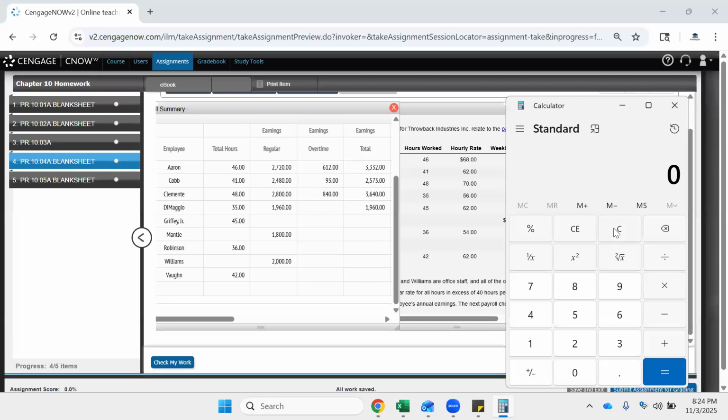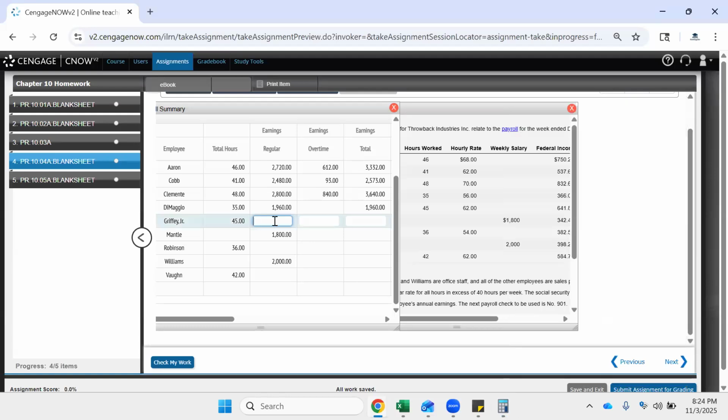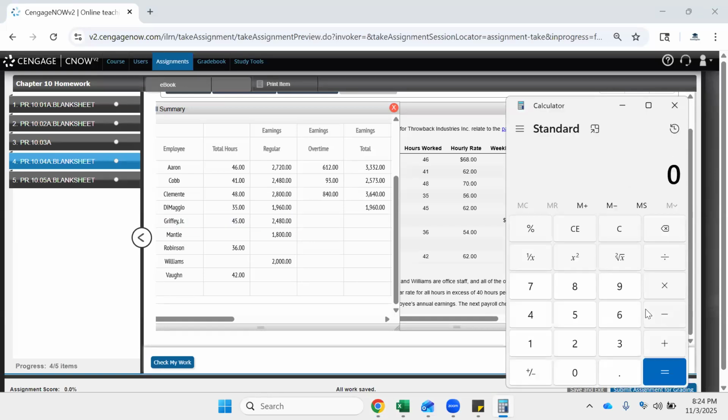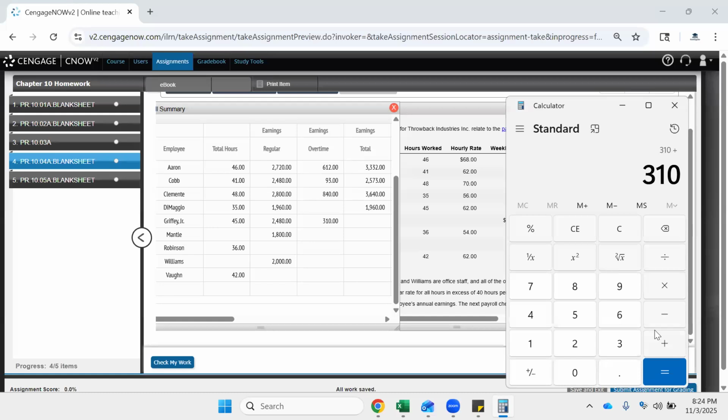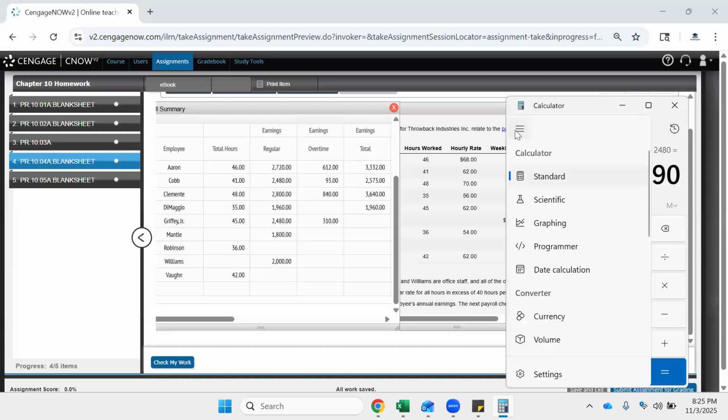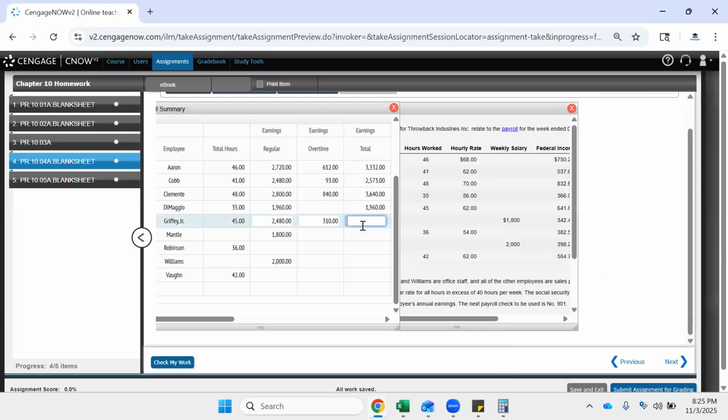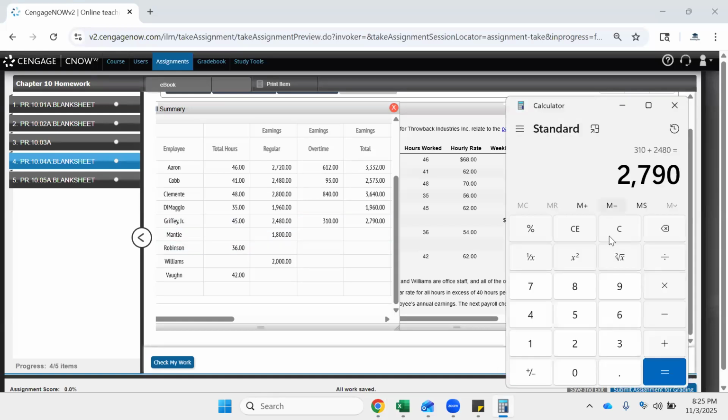Griffey Jr. worked 45 hours. And Robinson worked 36.